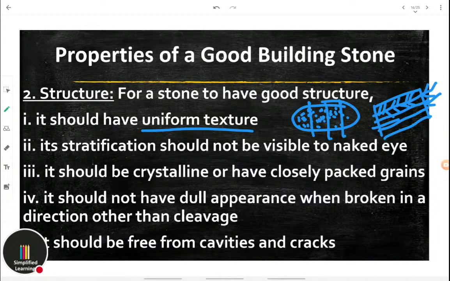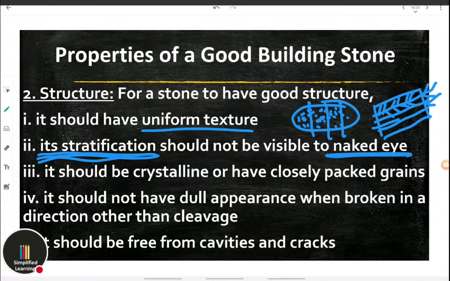That's why putting that specific stone to use will not be beneficial in that construction work. Therefore, stratification should not be visible to the naked eye. On a microscopic level there will obviously be stratification inside the stone, but to the naked eye, in general observation, you should not see it.